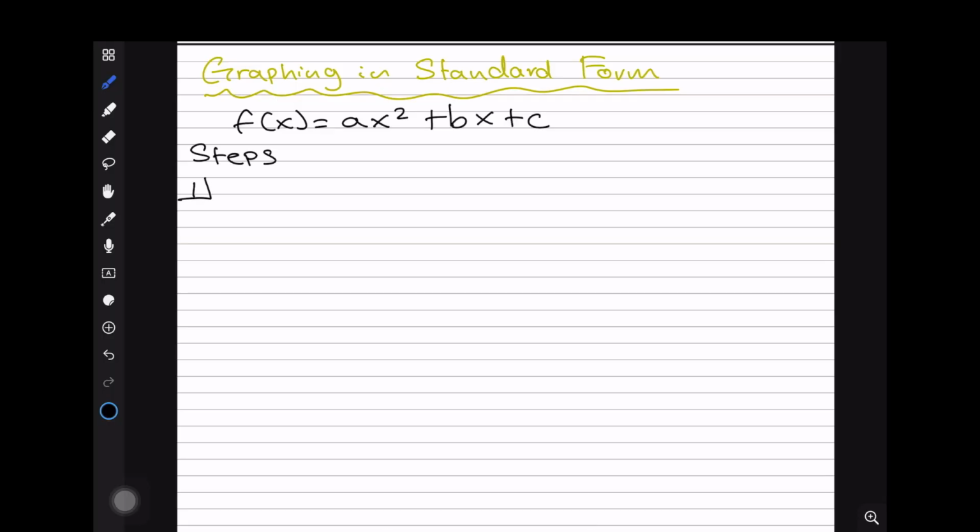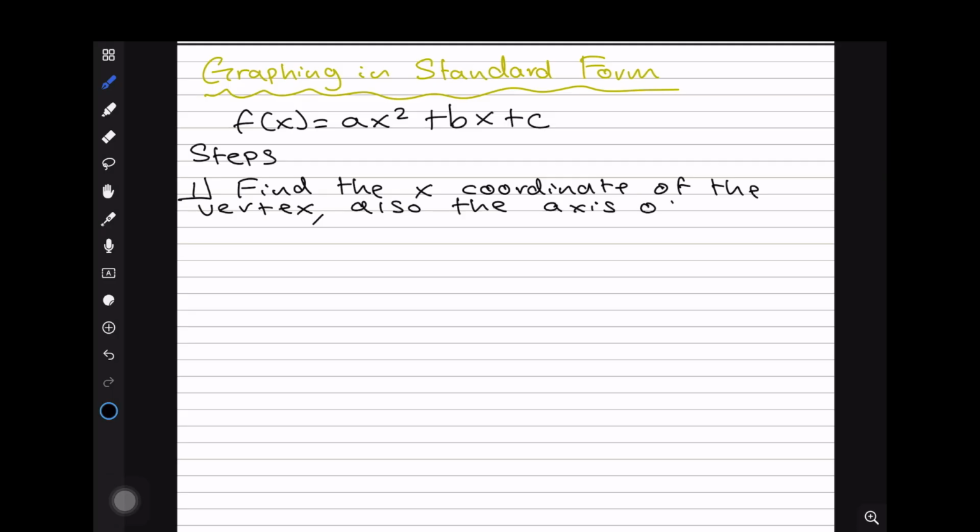Okay, so let's go back to today's topics. The steps for graphing in standard form are going to be these. First, find the x coordinate of the vertex, which is also the axis of symmetry, by using the formula x equals negative b over 2a.